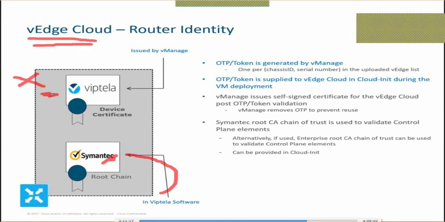So even if the cEdge is not available with the locally generated chassis ID, that doesn't matter anyway. It's not going to be used. So we need to copy the chassis ID from vManage manually, and the associated token manually, by providing this chassis ID and then the associated token. This new chassis ID and token is validated by vManage, which issues the self-signed certificate. Yeah. Okay.